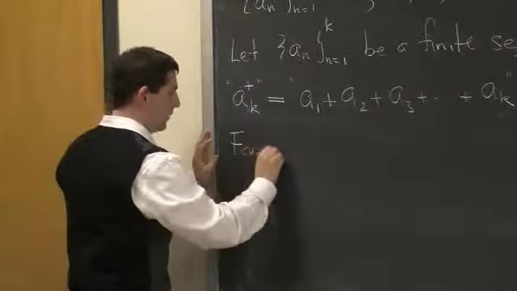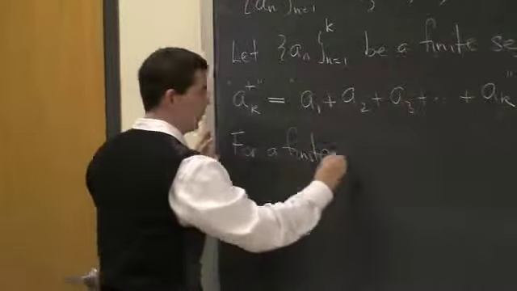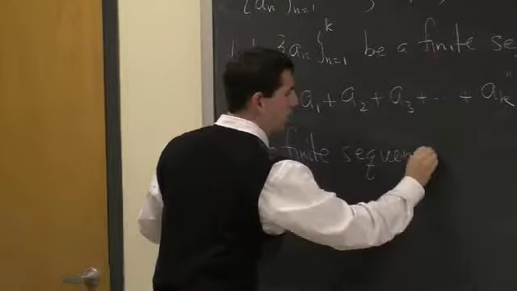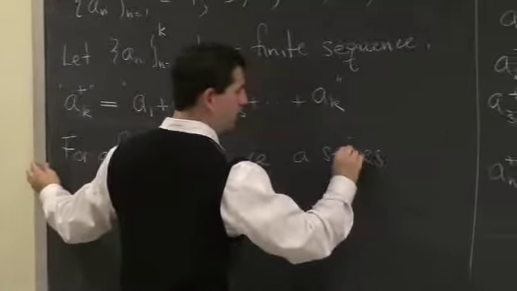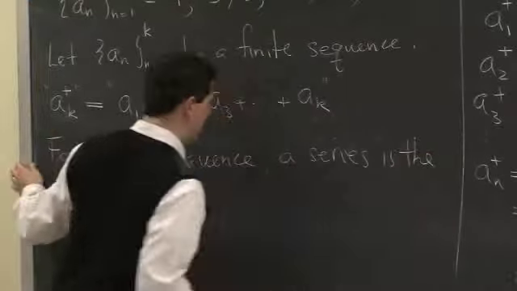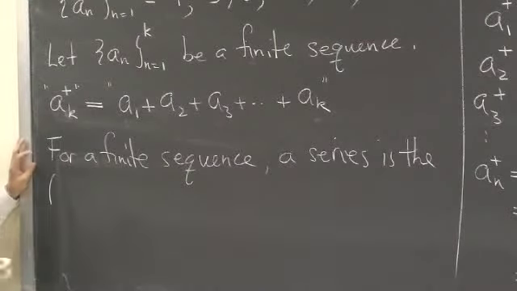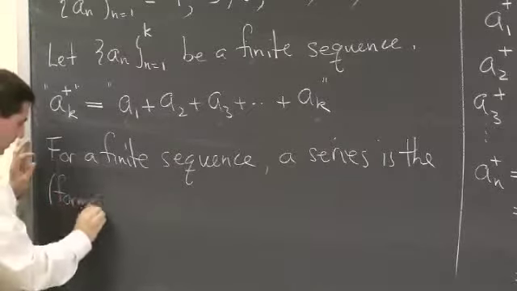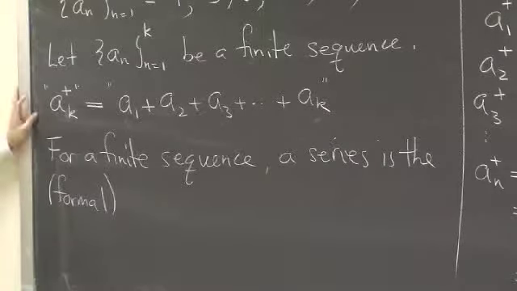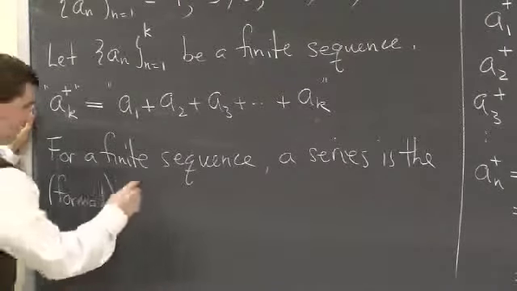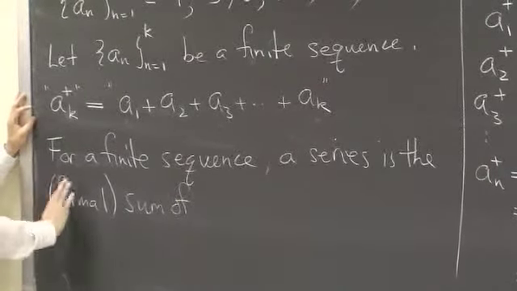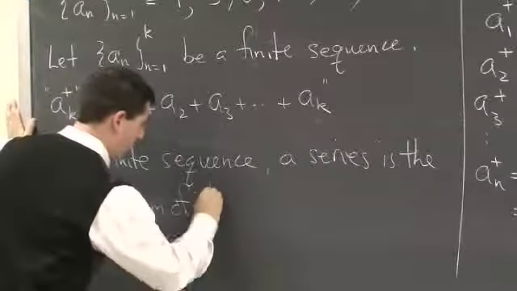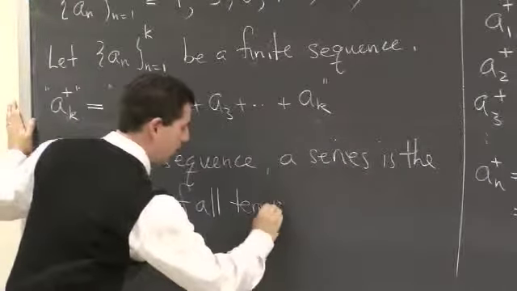So for a finite sequence, a series is the, and I'm going to write the word formal here, but I'll put it in parentheses because I don't really want you guys to worry too much about it, the formal sum, and in the finite sequence this isn't an issue really, the formal sum of all terms in the sequence.